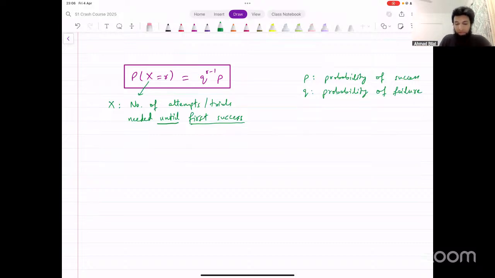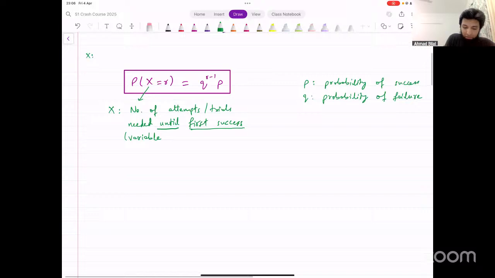Now, x is the variable, right? It can take different values. So you might have your first success in the first attempt, the second attempt, the third attempt, the fourth attempt, and so on. So x can take different values. x could be 0, 1.